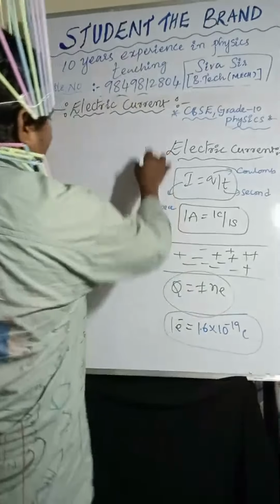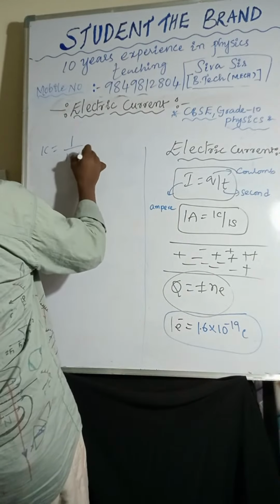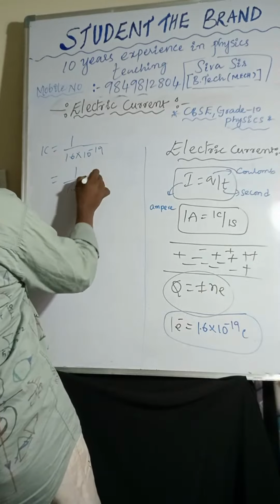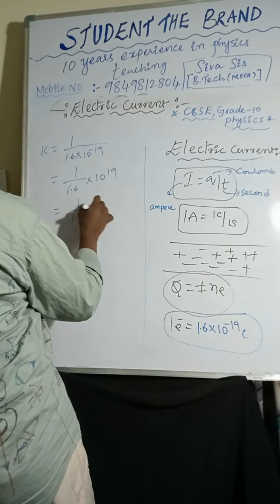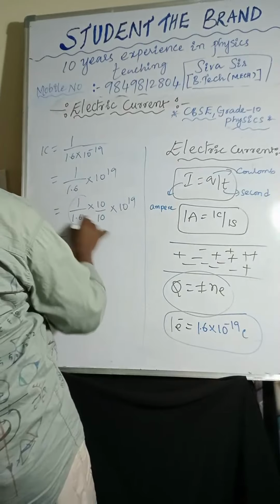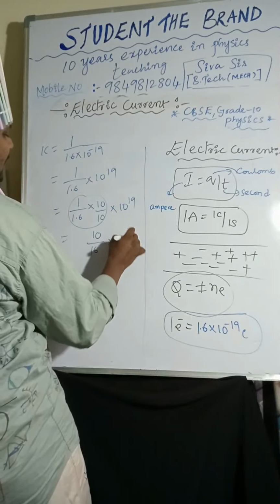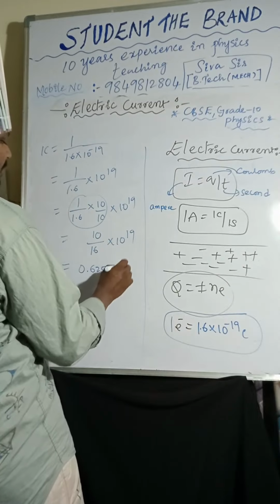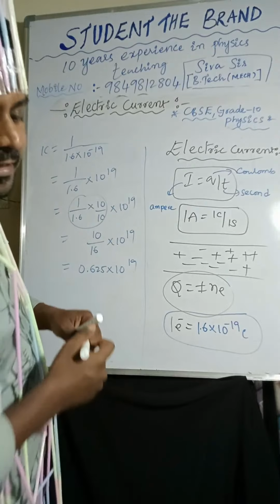So in 1 coulomb, 1 by 1.6 into 10 power minus 19, that is 10 power 19 by 1.6, which gives 0.625 into 10 power 19.